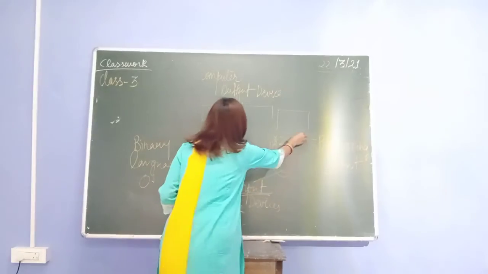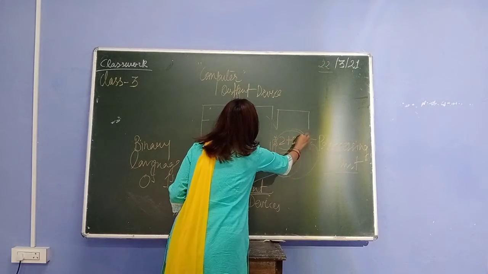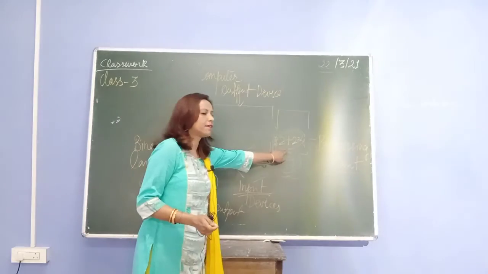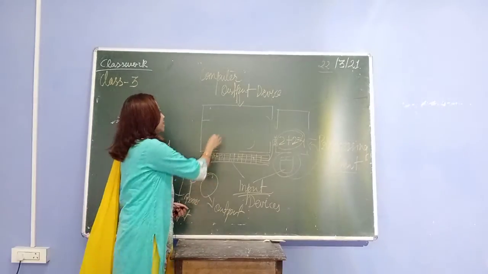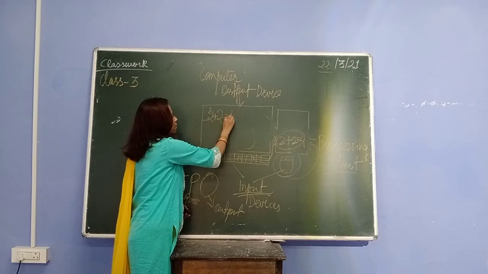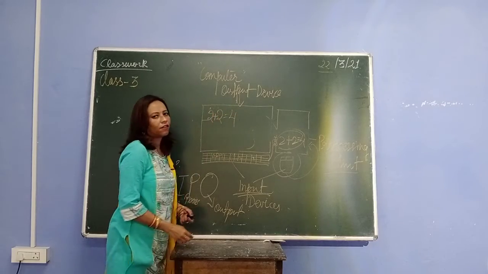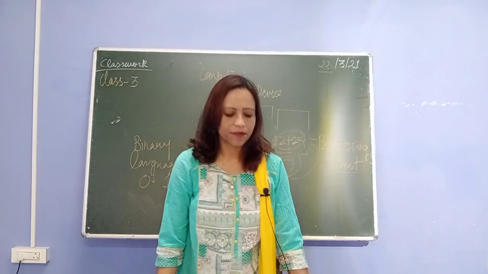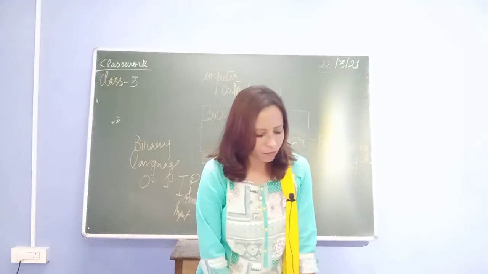Here the calculation will happen. 2 plus 2 is 4. Okay, the calculation will be done by the CPU, and finally you will see the result of 2 plus 2 on the monitor, that is 4. Okay, whatever work that you give, it can be seen on the monitor.